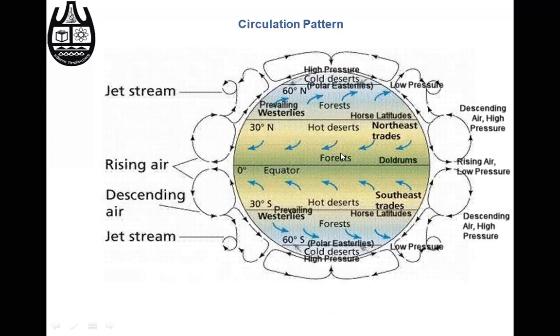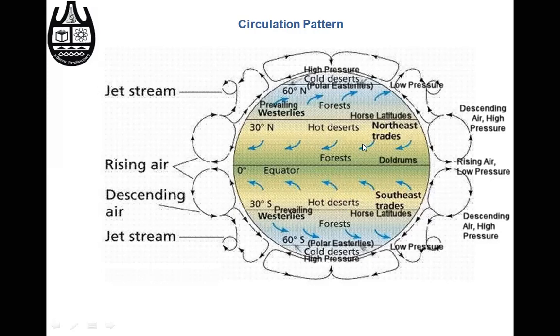After that, from here to 30 degrees north, this is the area where the wind moves from right to left. If you see the southern hemisphere, it is also right to left.